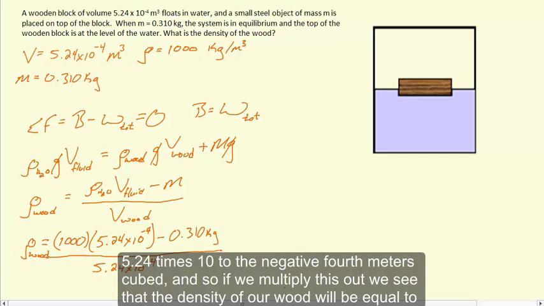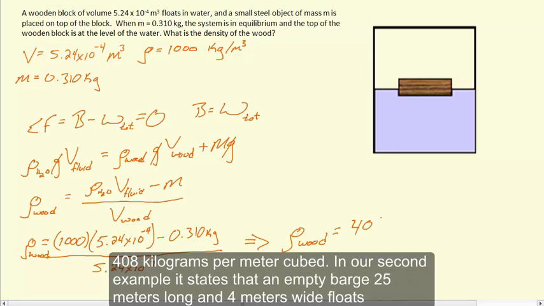And so if we multiply this out, we see that the density of our wood will be equal to 408 kilograms per meter cubed.